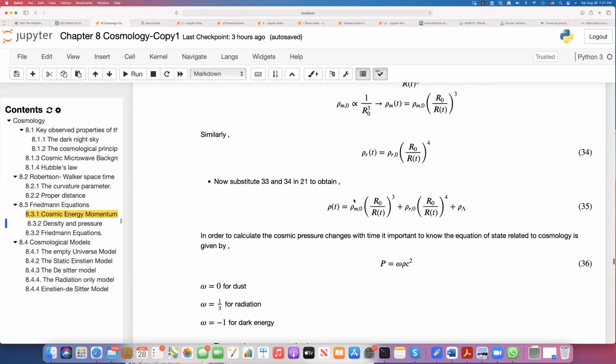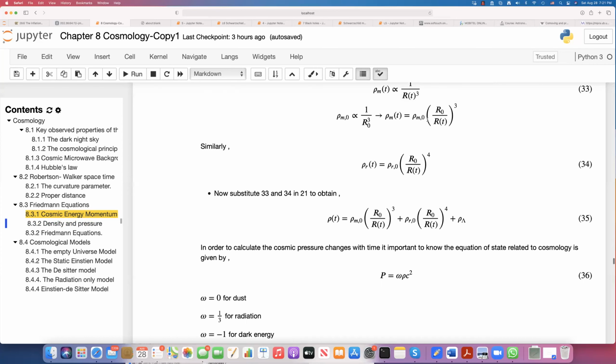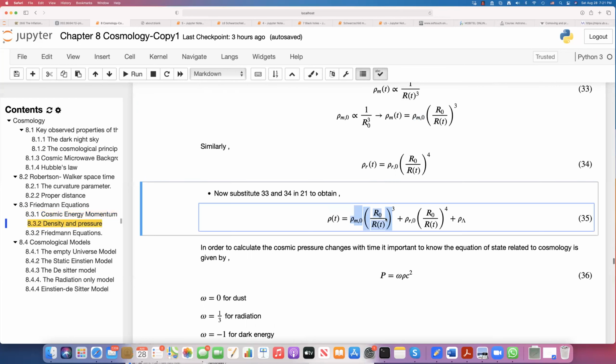Because rho_m(t) is rho_m0 times R naught over R to the power 3, this expression right here, you can plug that here. And similarly for the radiation density. Since the dark energy source is a constant, you don't have to plug anything; it will appear here as a constant, right? It is not a function of time.